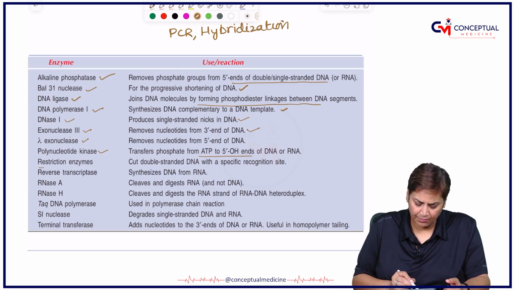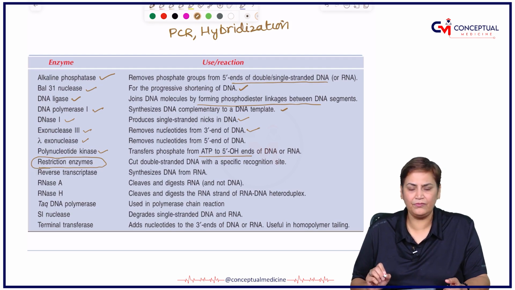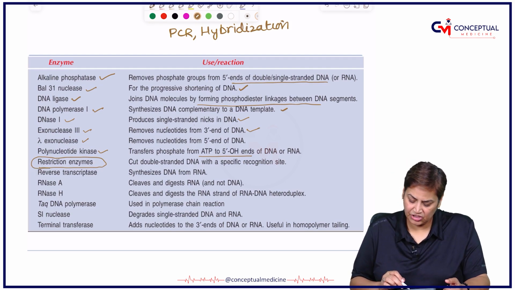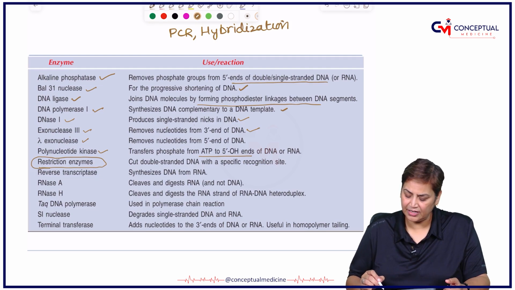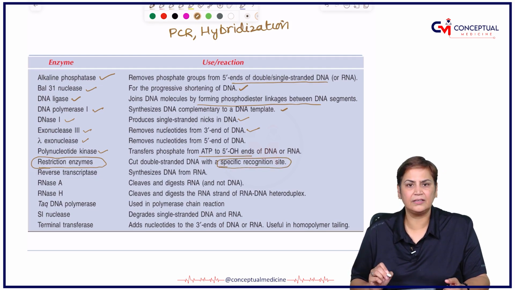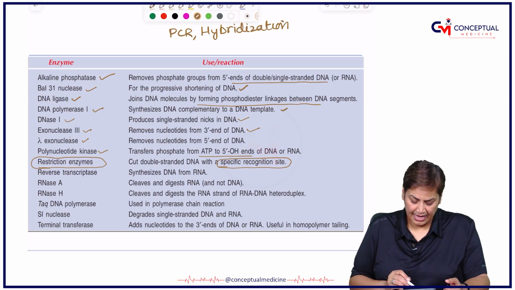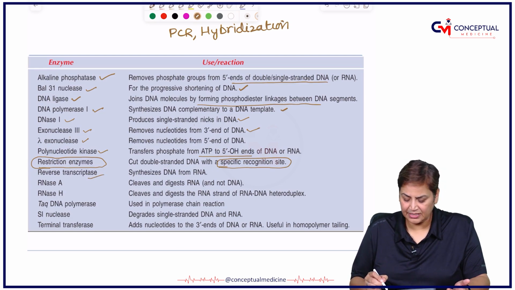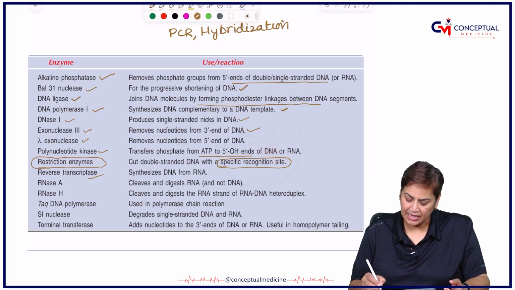The most important ones are the restriction enzymes, which cut double-stranded DNA at a specific recognition site. Then reverse transcriptase synthesizes DNA, which is also known as complementary DNA.